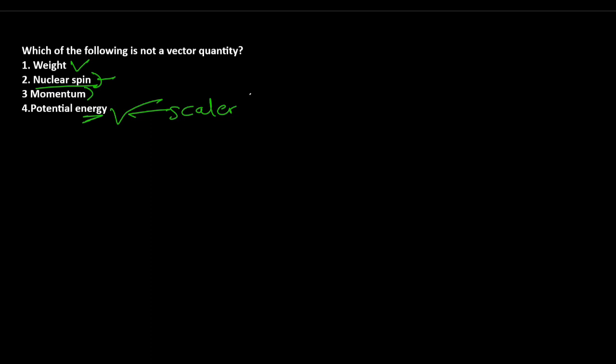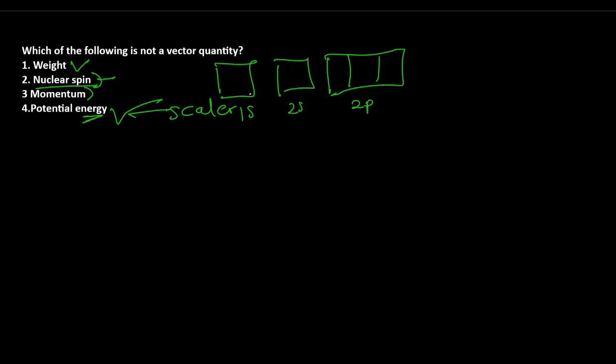So what I mean by nuclear spin, you might have heard of Hund's rule. You might have learned about Hund's rule in chemistry, or if you have not learned, don't worry, it will be taken care of. Do you get? Okay, so we have something like this. These are orbitals. This represents 1s, 2s, 2p.